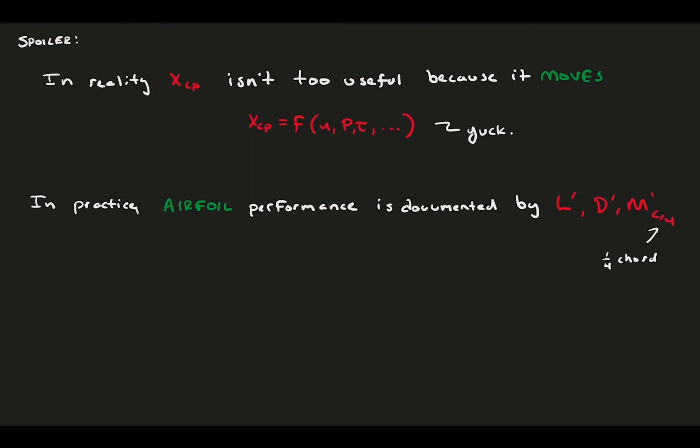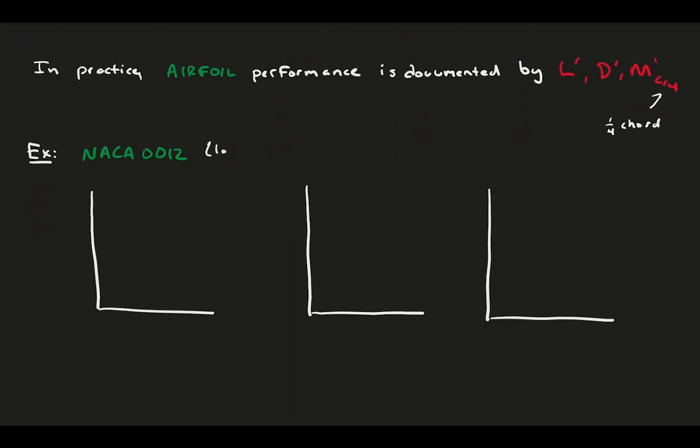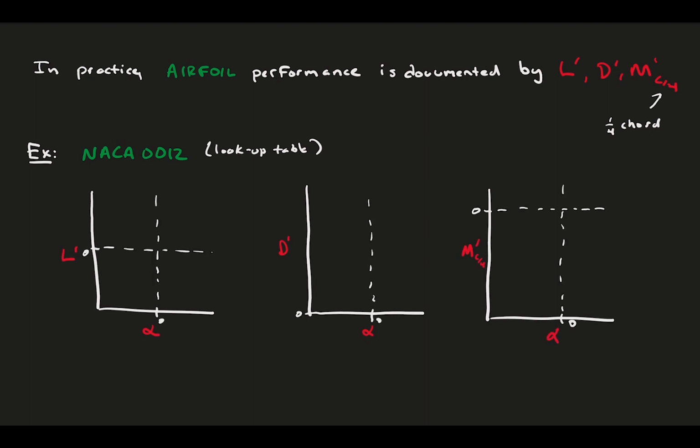The quarter chord is always in the same spot by definition, and we just need to know what moment exists there under any condition. So, if you were looking at the performance of a NACA 0012 in a book, you would see 3 charts. First, the lift as a function of angle of attack, then the drag, and then the moment.